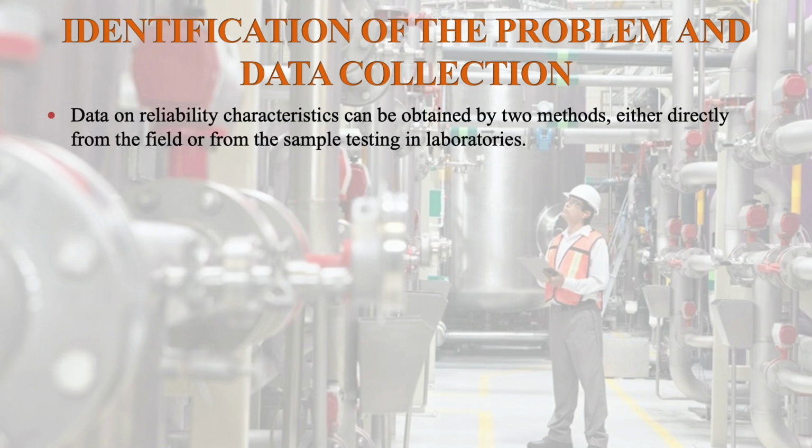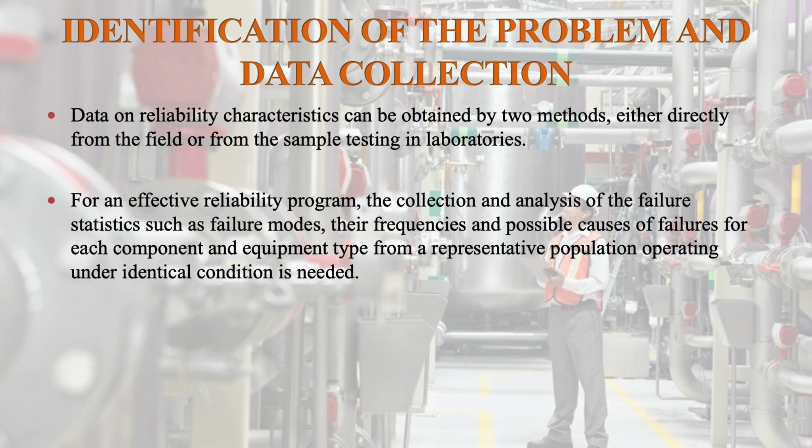Data on reliability characteristics can be obtained by two methods, either directly from the field or from the sample testing in laboratories. For an effective reliability program, the collection and analysis of the failure statistics such as failure modes, their frequencies and possible causes of failures for each component and equipment type from a representative population operating under identical conditions is needed.